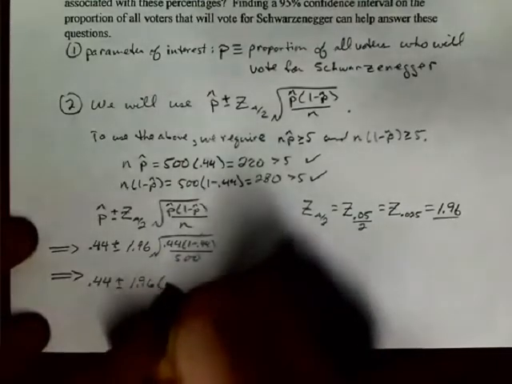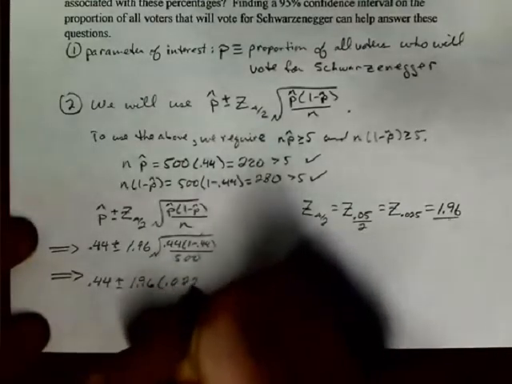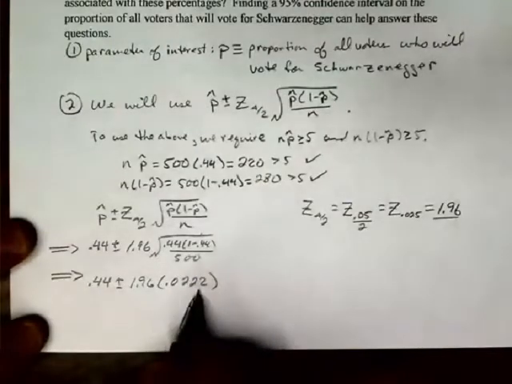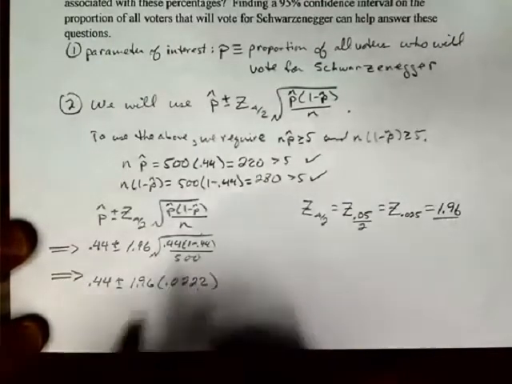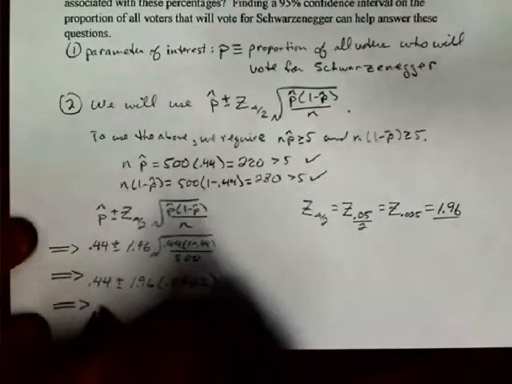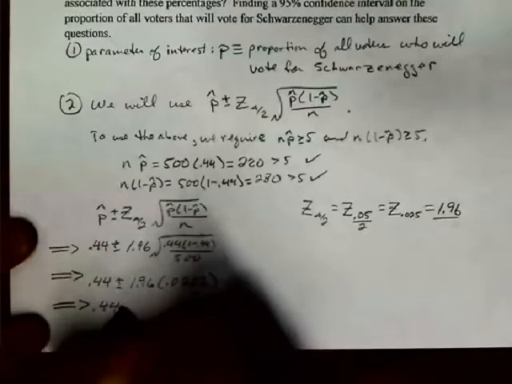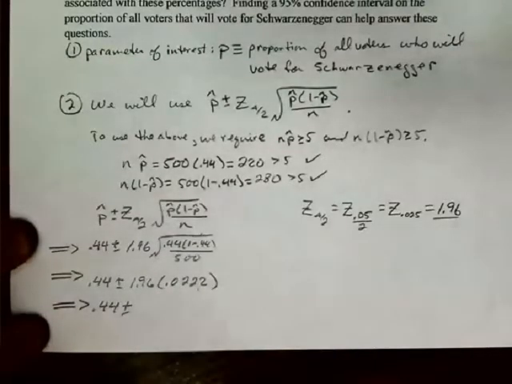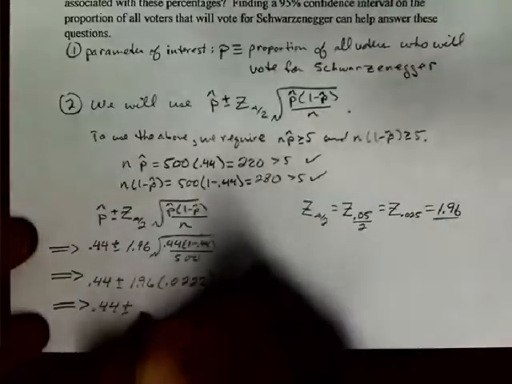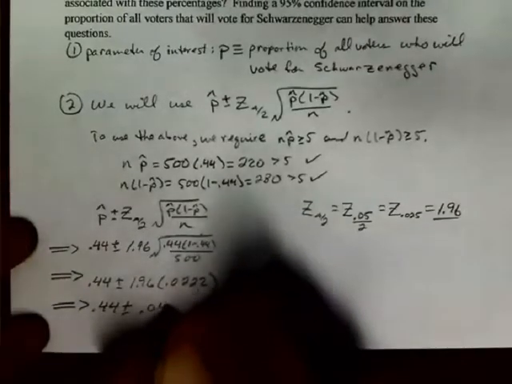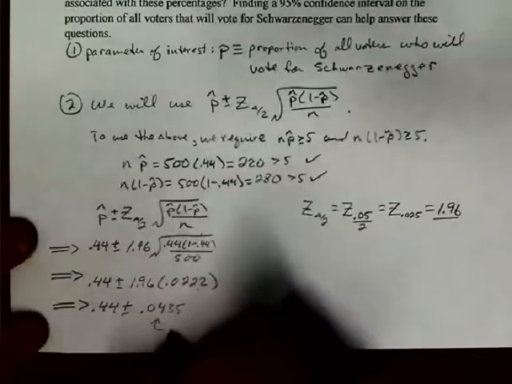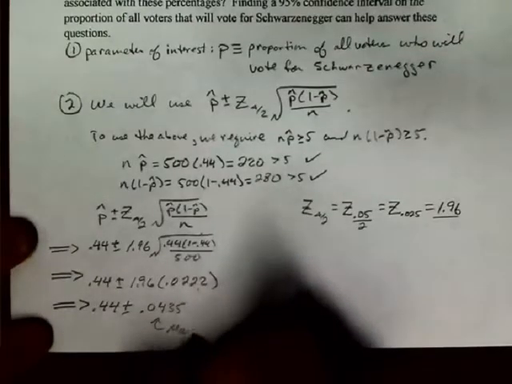This quantity, the square root term, is 0.0222. Okay, this is the standard error of p hat, right? It's an estimate of the standard error of p hat. If I take this and multiply it times 1.96, I get 0.0435. This number right here is called the margin of error.